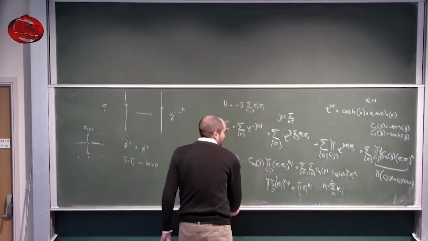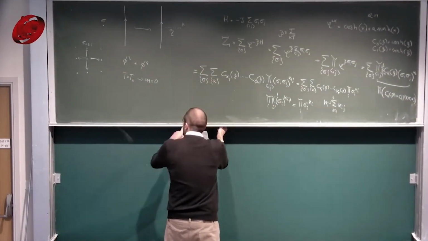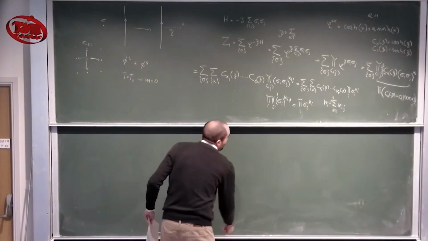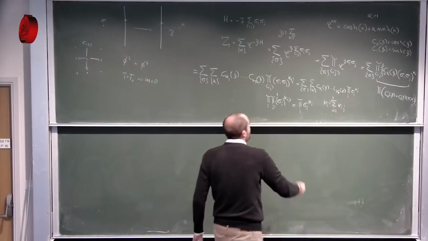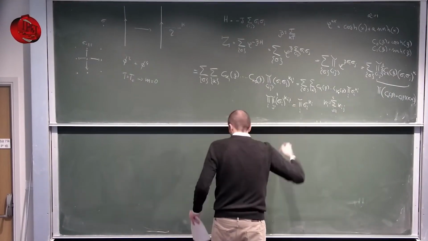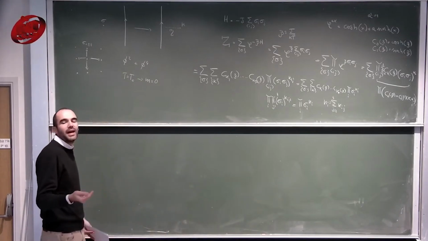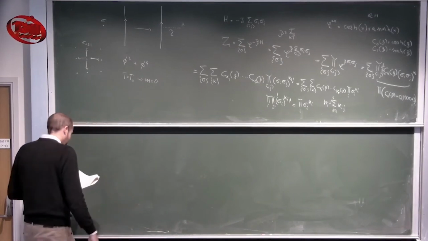Now let me go to the next left quarter. So now it's useful to move this sum over here, because since we have a single spin, this sum over all the configurations just becomes a sum over 2 numbers. I mean, sigma I can be -1 or 1.